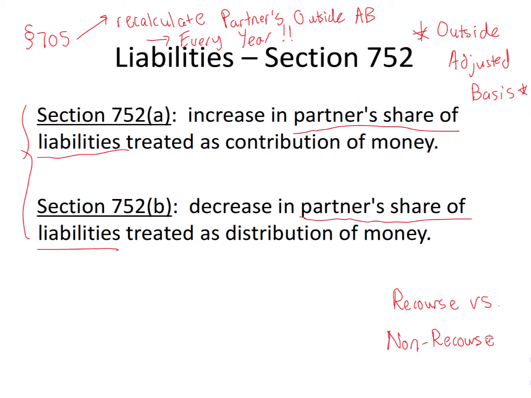So until the early 1980s, this was the old rule, okay? And you're going to see that this still somewhat is applicable. Until the early 1980s, it was a very simple rule.